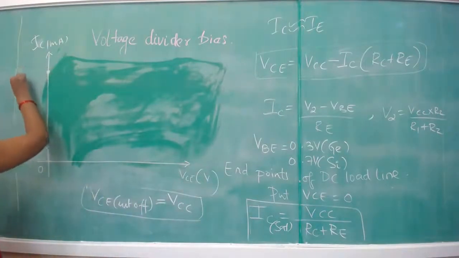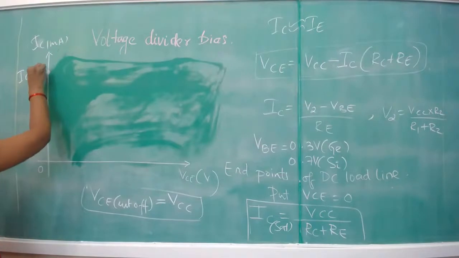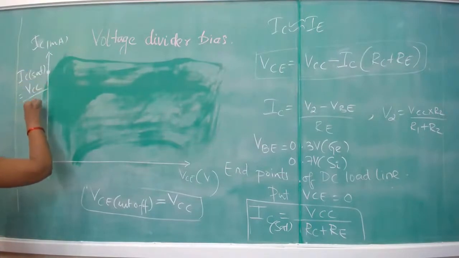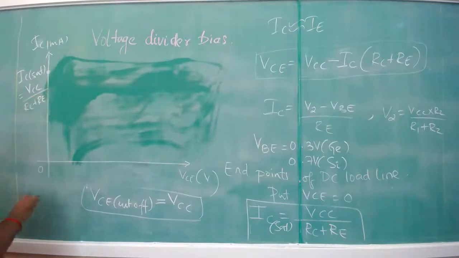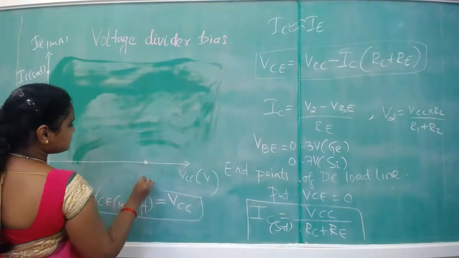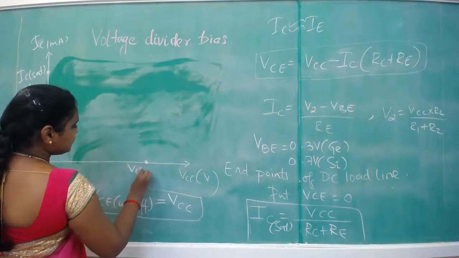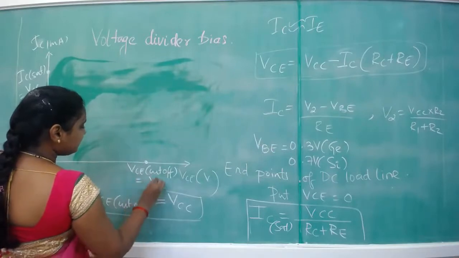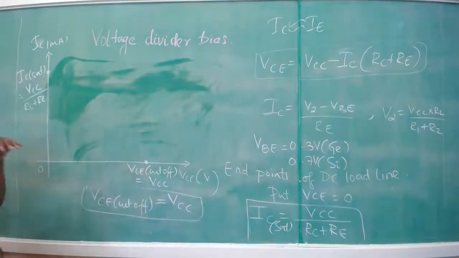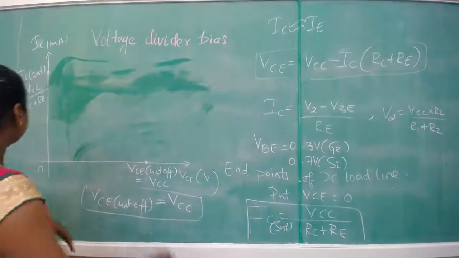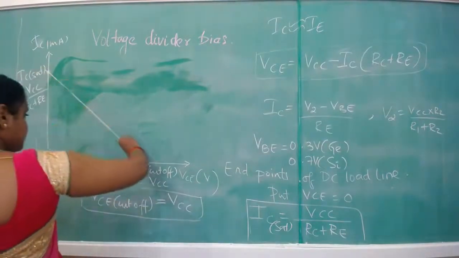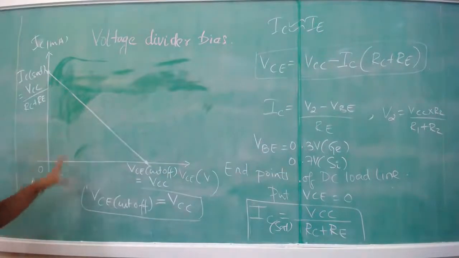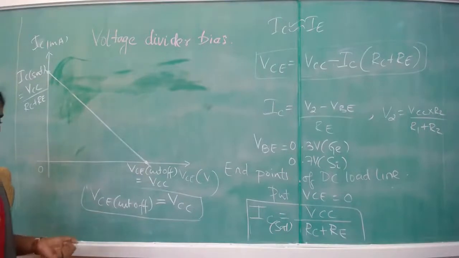The endpoint IC sat is given by VCC by RC plus RE, whereas here it is VCE cutoff equal to VCC. Okay, the two points are joined to form the load line.